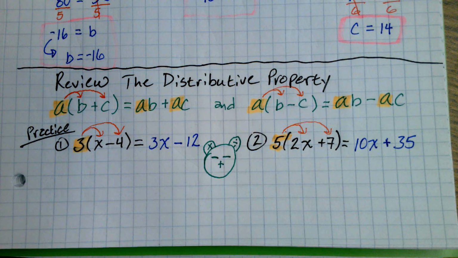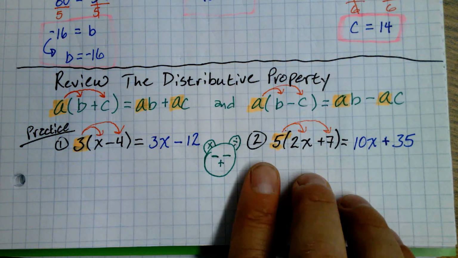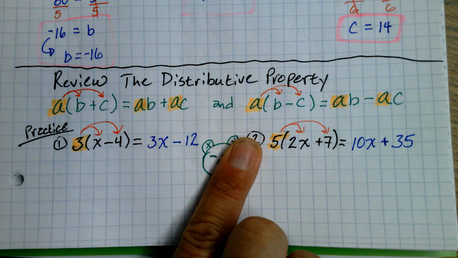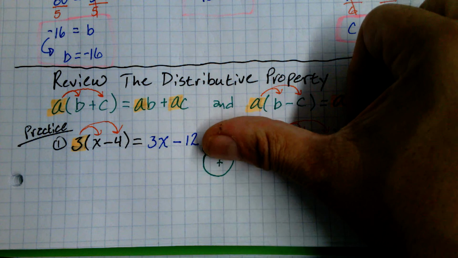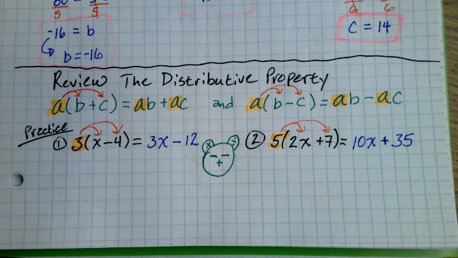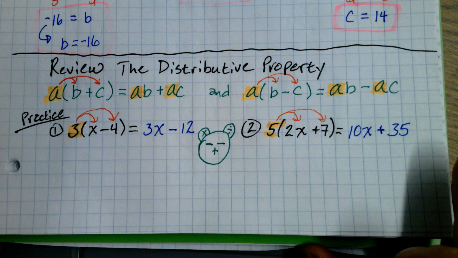A quick review: if we multiply a positive times a negative, we'll get a negative. And if we multiply a negative times a negative, we'll get a positive. We'll see both examples right now.